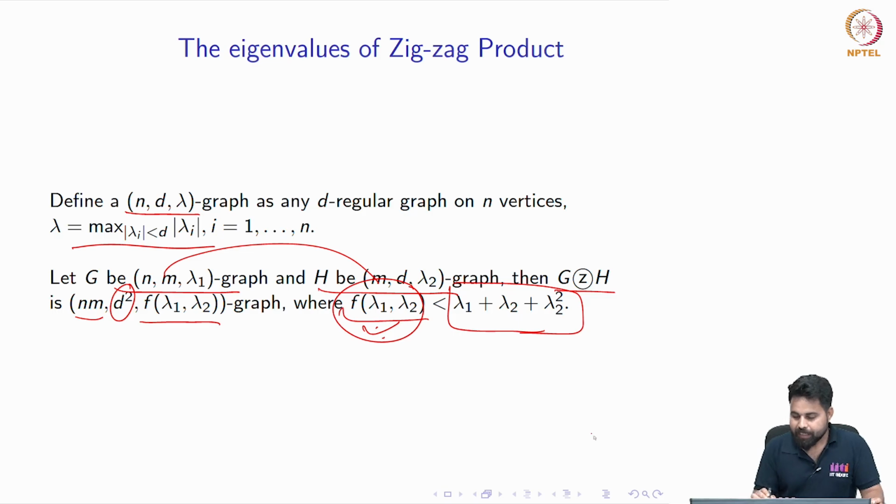So it says that if you have very good expanders, then taking the zigzag product might again give you good expanders, at least not much worse than the original expanders. With this I am stopping this lecture.